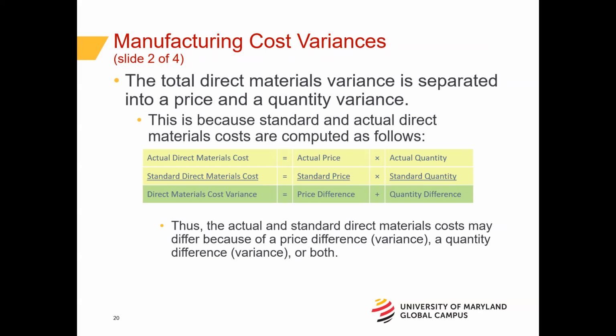To find the direct materials cost variance, we take the price difference, that's the difference between the actual and standard prices, plus the quantity difference, that's the difference between the actual quantity and the standard quantity. That gets us to the direct materials cost variance.